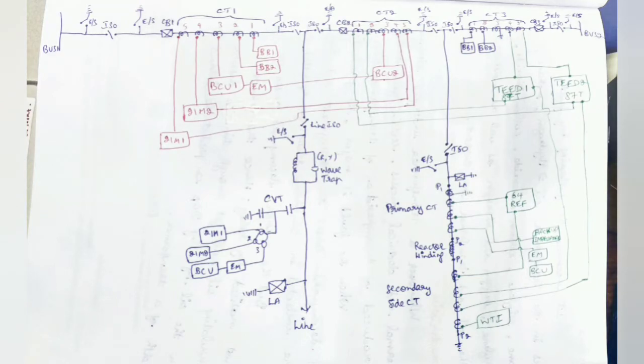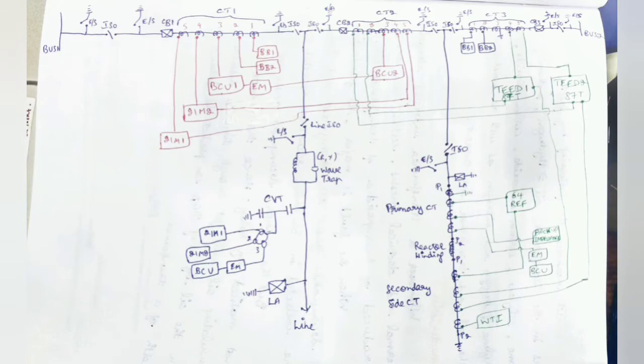Then broken conductor: in between there is a chance of breakage of your transmission line, so that should be indicated. For that, broken conductor protection is taken. And SOTF means switch on to fault. The fault will be persisting, and when we try to charge the line, we need an immediate trip, so we have SOTF.